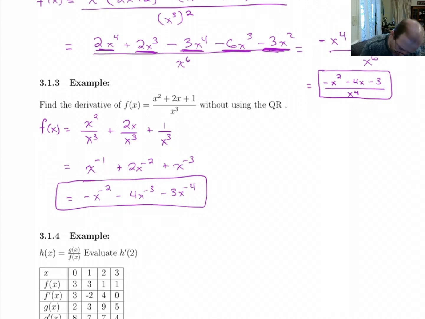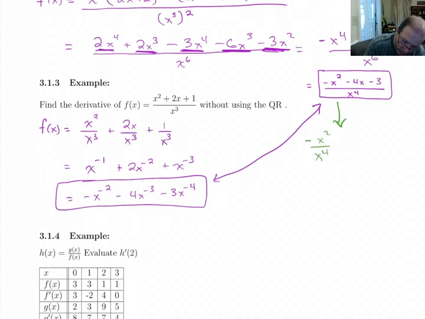But let's compare these. Are these the same? Yeah, they are. Because if you took this one up here and split it into 3 different fractions, you'd get minus 1 over x squared, and this would be minus 4 over x cubed, minus 3 over x to the fourth.